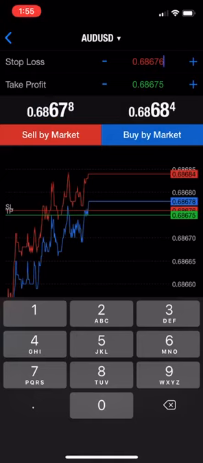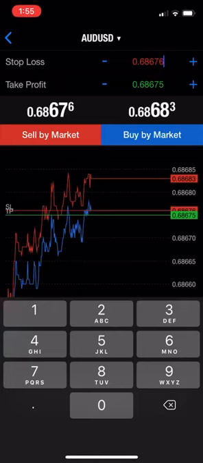Vice versa, if the market goes in your favor and it hits your take profit, it'll automatically cash you out, and you're not having to sit there and look at the charts all day. Just remember, when you place a trade, it's going to do one of two things: it's either going to hit your take profit or it's going to hit your stop loss. So get in, set your stop loss and your take profit, and then let it trade.